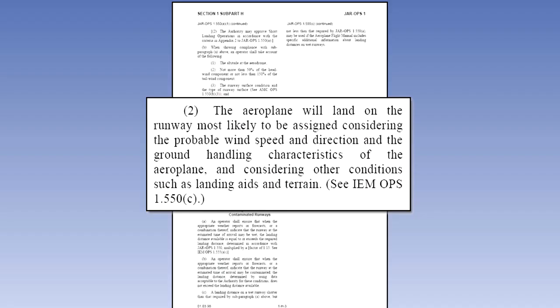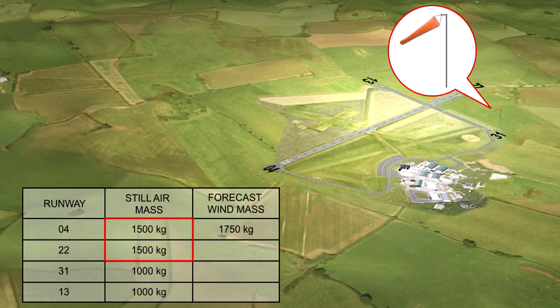The second dispatch assumption is that the aeroplane will actually land on the most likely runway to be assigned considering the probable wind speed and direction. In this case, runway 04 has a strong headwind for the landing, which will allow the aeroplane to land at a much greater mass than if there were no wind.